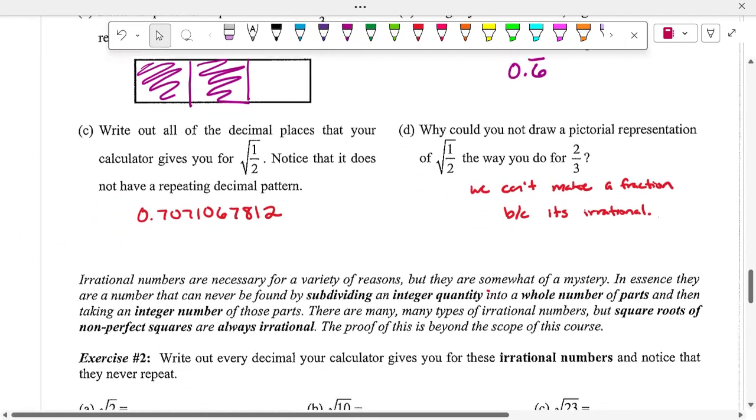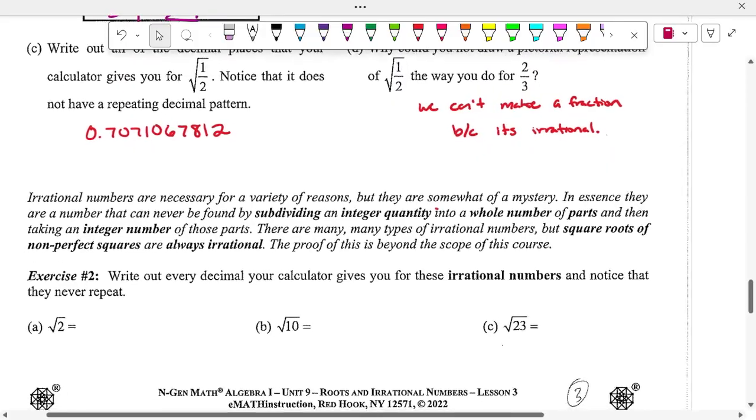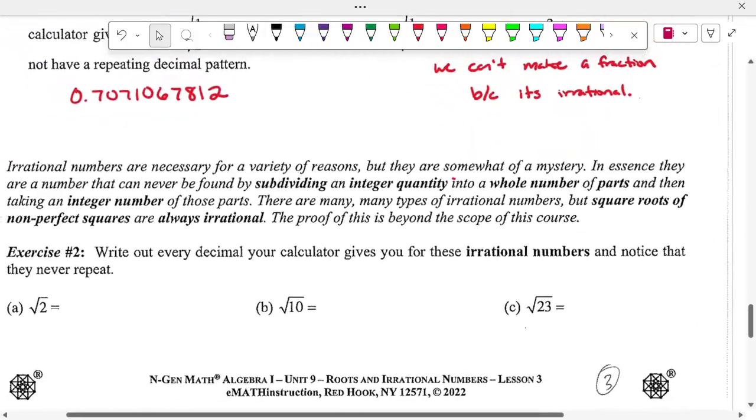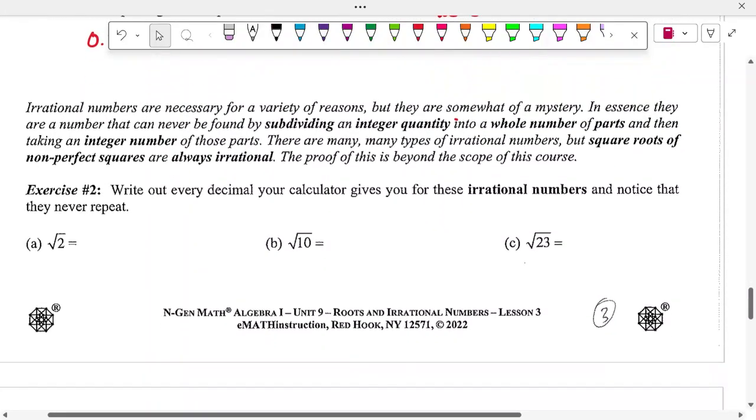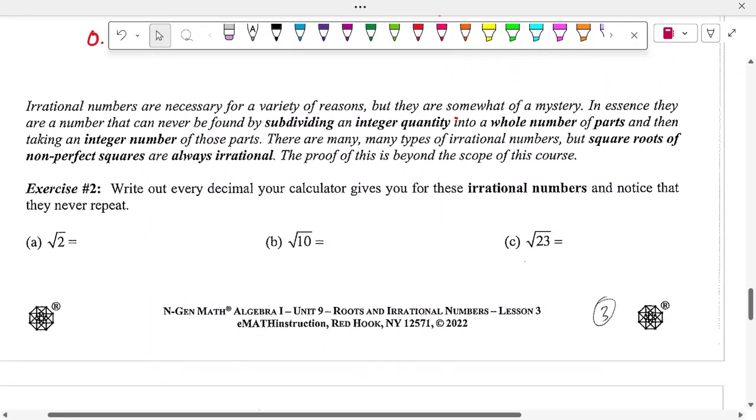All right. Now, we're not going to do this exercise, but let me just ask you this. With these square roots, you're going to tell me whether they're irrational or not. Basically, every square root of any number is irrational unless that number is a perfect square. All right, so square root of 2, is that going to be rational or irrational?